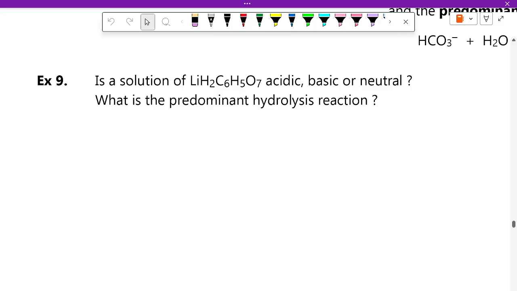Yeah, you start with separating the ions.